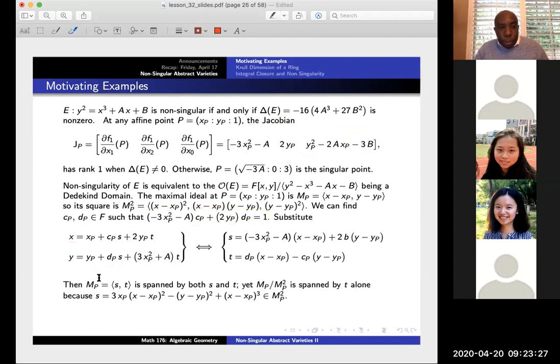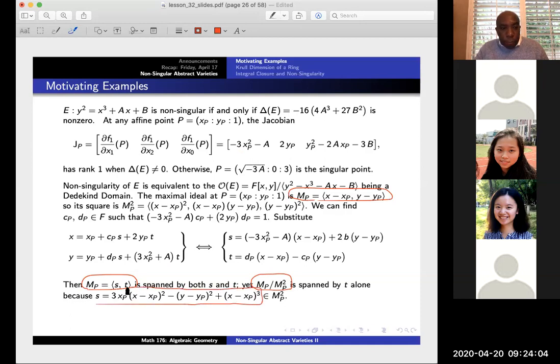If we make this substitution, then the maximal ideal, which before was generated by x minus xp, y minus yp, is now generated by s and t. So we made a nice, clever substitution to say that this is generated by s and t. But let's take a look here at the quotient. You might think that the quotient is also generated by s and t, but we've done everything here to make this really clever identity.